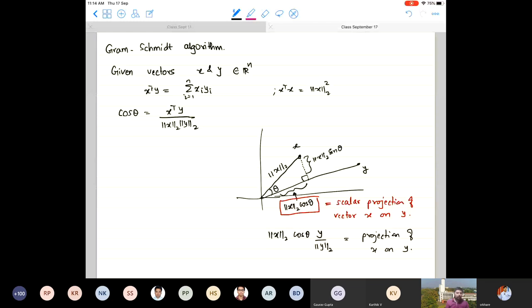You take the unit vector in that direction, multiply it by the scalar, and what you get is the projection vector. This is what we are really looking at.